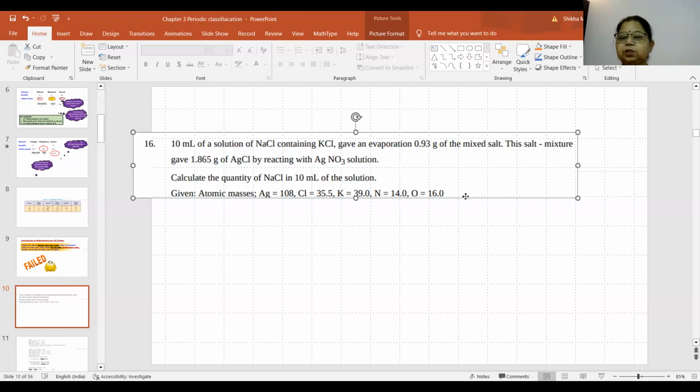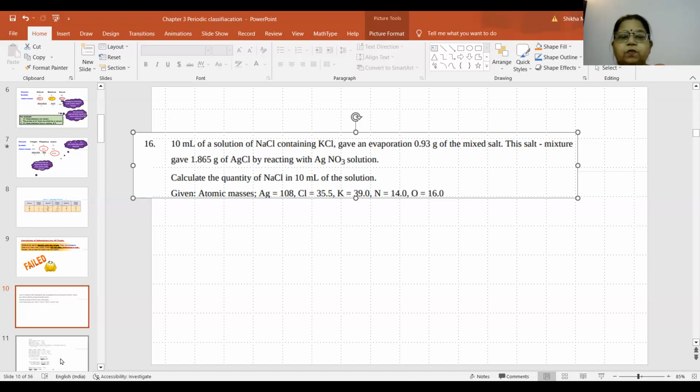Now you have a solution, you are evaporating it. When you evaporate, you get a certain solid at the bottom, right? So when you heat it or evaporate it, what do you get? You get 1.865 grams of silver chloride, right?